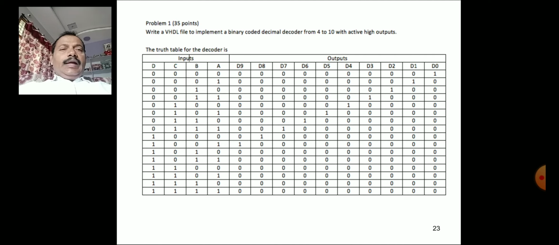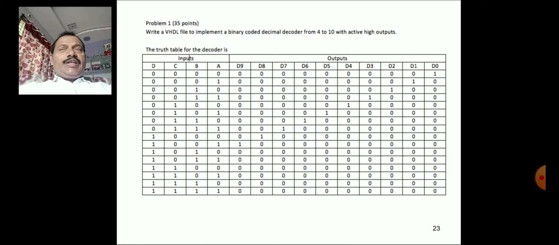Now let us consider the truth table of the decoder circuit. Already we have designed 2 to 4 decoder and 3 to 8 decoder. Now it is 4 to 10 decoder. That is the important thing you have to remember. It is 4 to 10.